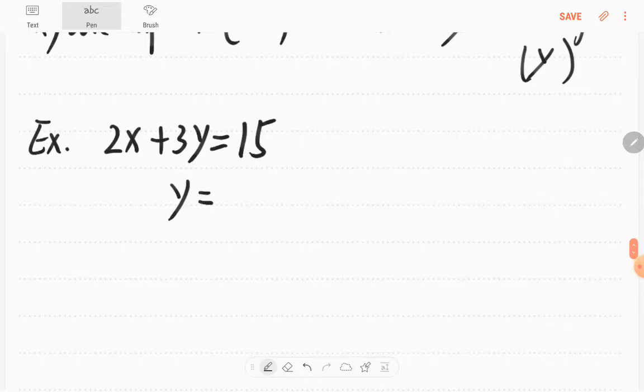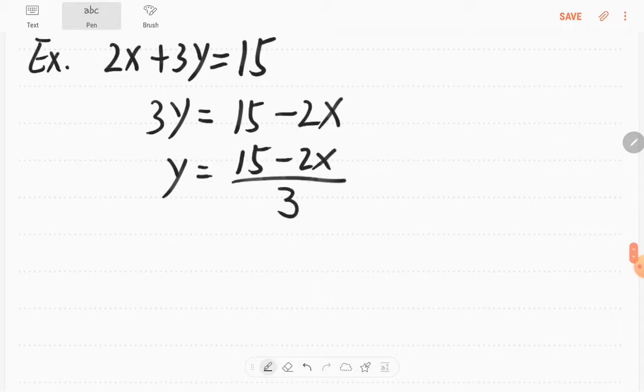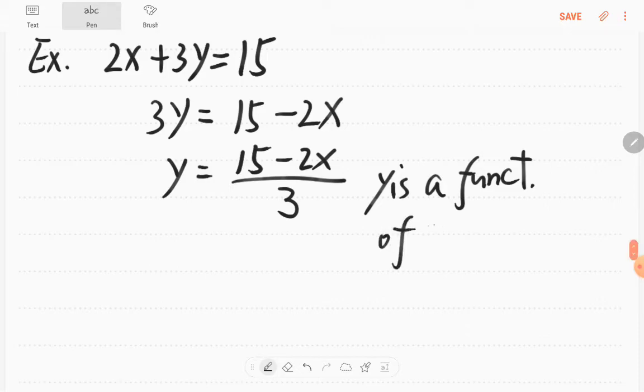y equals what? 3y equals 15 minus 2x, then divided by 3. So y equals (15 minus 2x) divided by 3, right? This is actually a function. So y is a function of x.